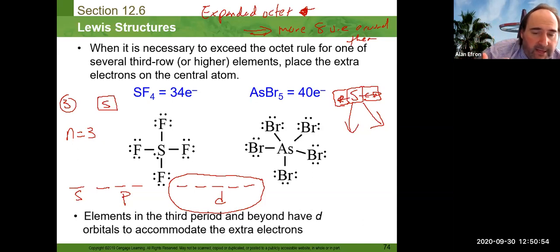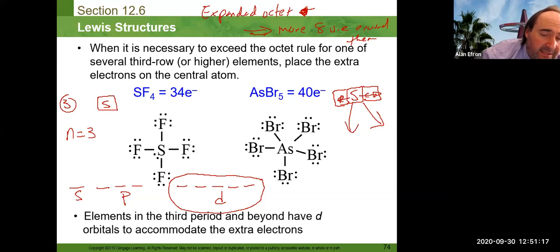So those guys on sulfur, and we talk about sulfur because we're really talking about covalent bonding nonmetals. So sulfur is in the nonmetal region. So phosphorus, chlorine, left, right, and down, bromine, all those guys, they do have the ability to go more than 8 electrons because they do have those d orbitals available to them.